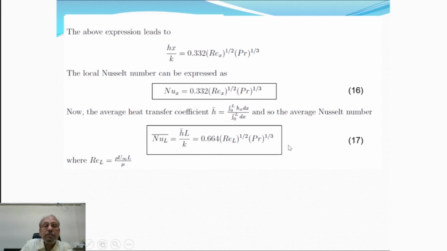So this is the average Nusselt number expression, this is the local Nusselt number expression, and we can see the consistency between the numerical, exact solution which is obtained through the series solution, and the solution that we have just now found using the momentum integral and energy integral method.